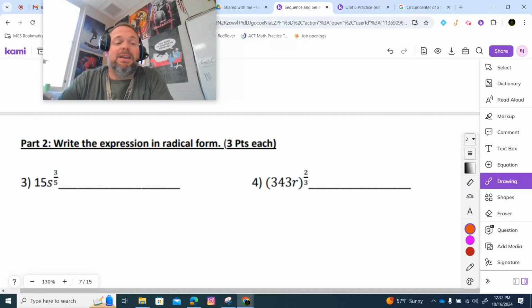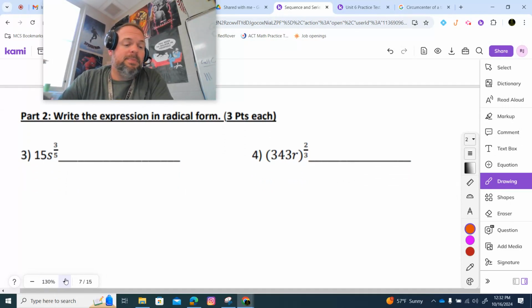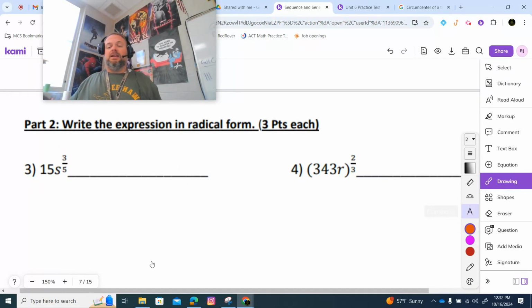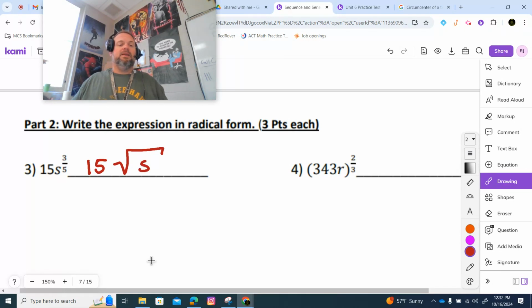All right, 3 and 4. Now, what is the only thing that's attached to that fractional exponent, that rational exponent? The s. The 5 is our root. The 3 is our power.